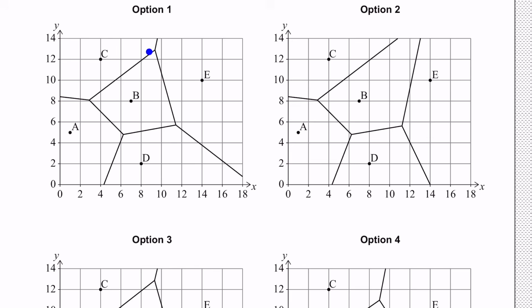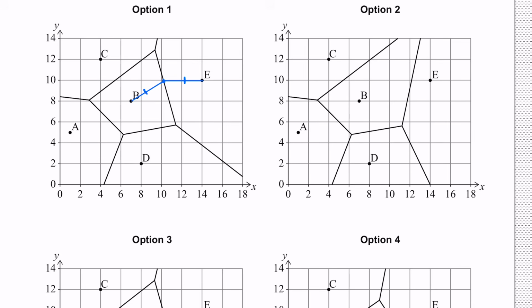These boundary lines are points that are equidistant, that is to say the same distance from two sites. So for example, with B and E, all points along this boundary line should be an equal distance from the sites B and E. So if we were to plot a point right here, any point really, this and this should be equal.